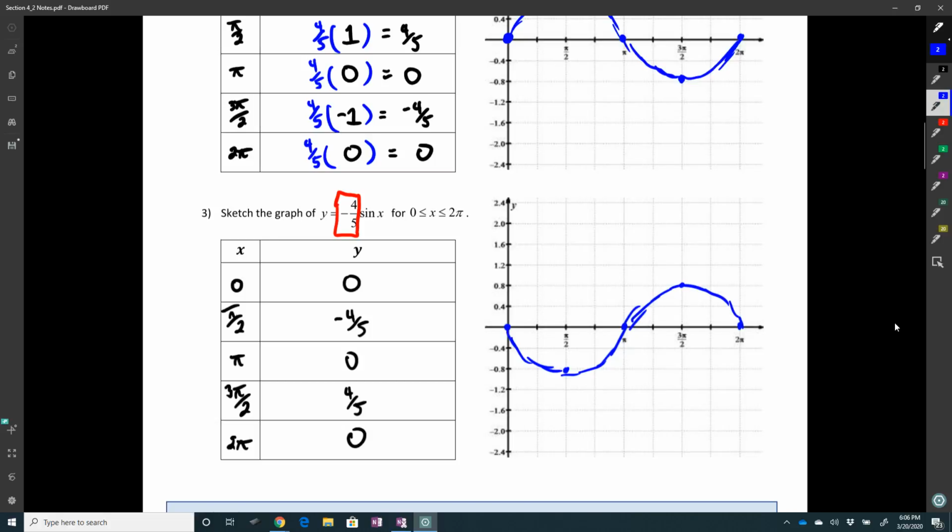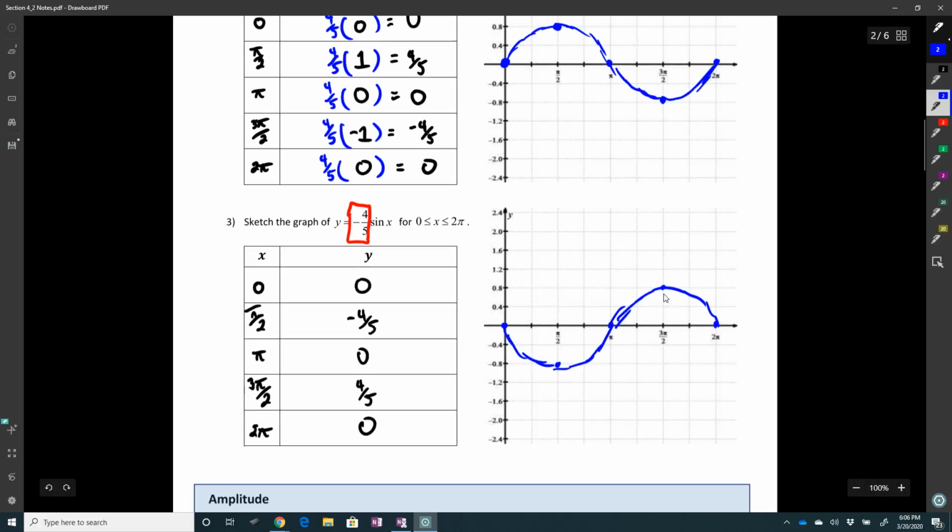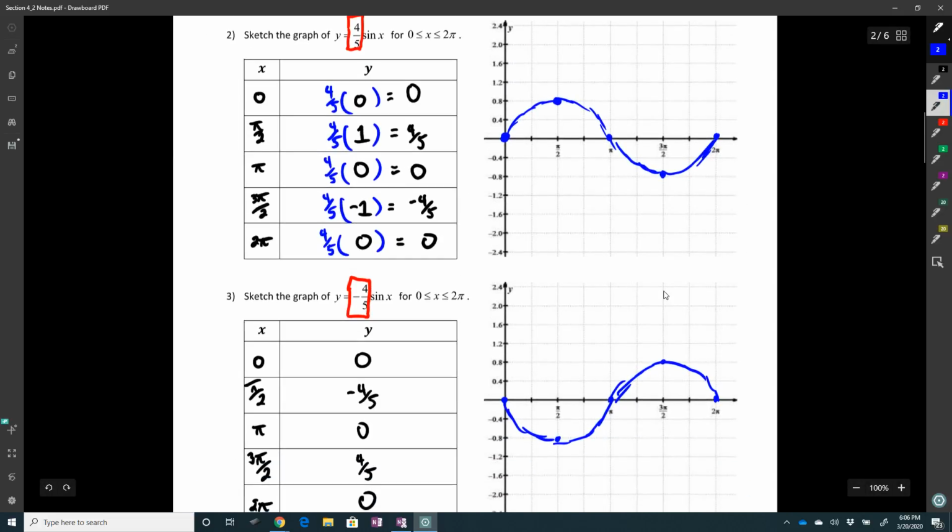All right, so if we look at this, you can see that these two pictures are pretty much the same thing, except that they're flipped around the x-axis. So we have the x-axis, and if you multiply it by a negative, all that happens is the graph flips around it. Okay, so what was a peak is now a valley. What was a valley is now a peak.